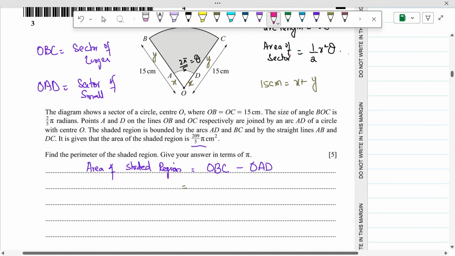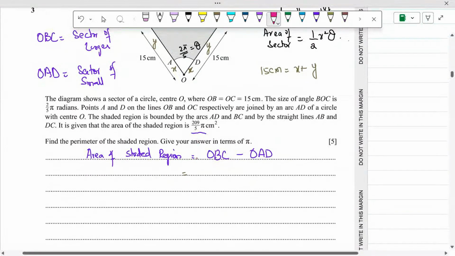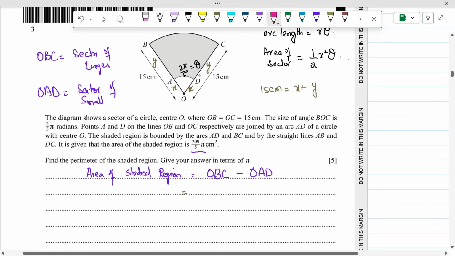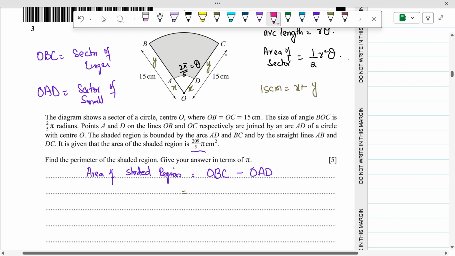Now, the area of the sector is 1 over 2 r square theta. OBC is the large sector, which has the radius of 15 centimeters.